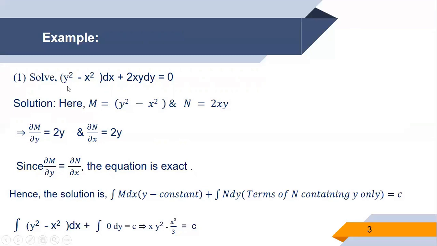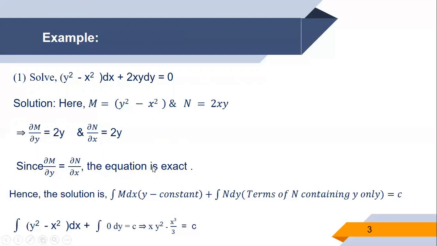Del M by del y means partial derivative with respect to y, where x is constant. So y square derivative is 2y, x square derivative is 0. Del N by del x means y is constant, 2x, x derivative 1. So the answer is 2y. Both are equal, so the equation is exact.